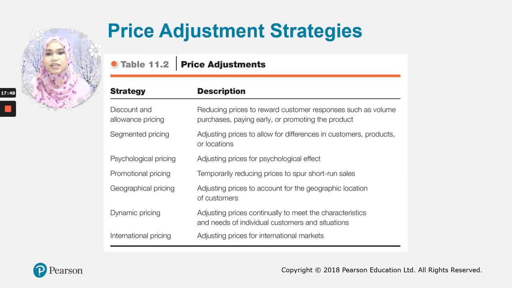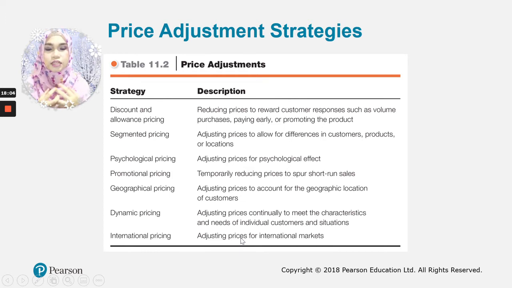And lastly, the strategy is to use international pricing, which is adjusting the price for international markets. So there will be different prices for different markets, internationally or even locally.